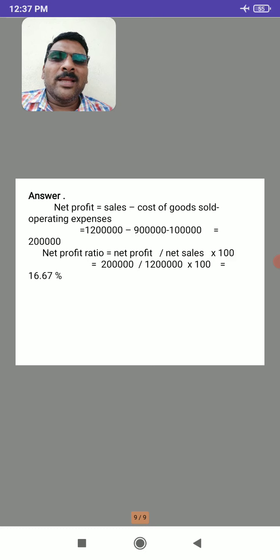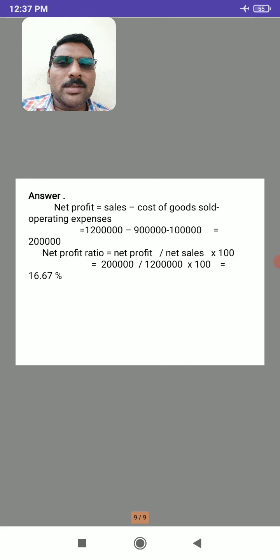If this ratio is 16.67%, it indicates that the firm's ability to earn profit is more, that is, high.